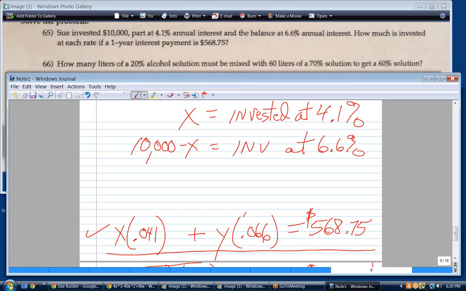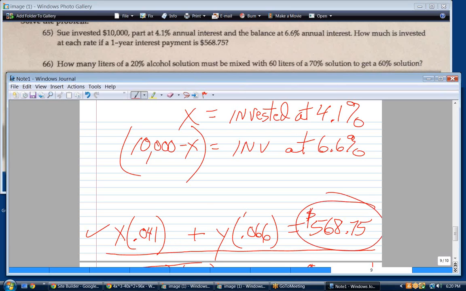So if x is the one amount, the other amount must be 10,000 minus x. So now when I go to write my equation, I can write it straight out. 10,000 minus x times 0.066 plus 0.041 times x equals this. One equation, one unknown, you're done.